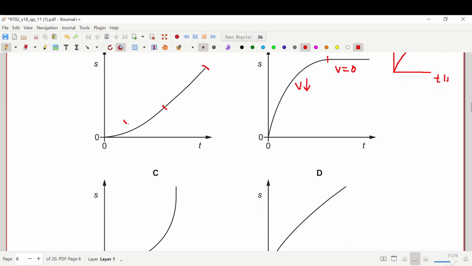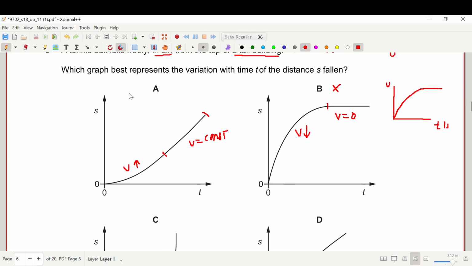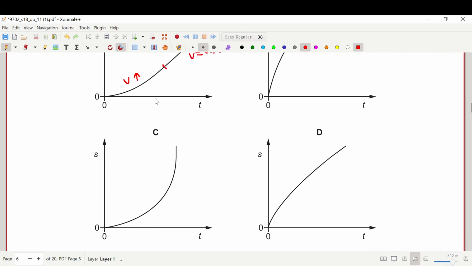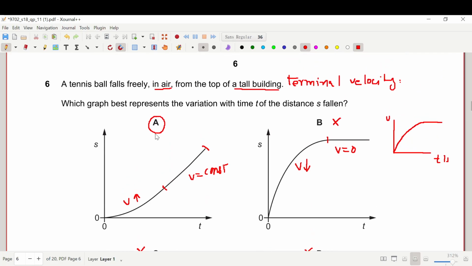This shows that velocity is increasing and this shows velocity is constant. So that is still best at the moment. Still best. Let me check more. This is velocity is increasing throughout. No chance of terminal velocity. Now velocity is decreasing. So these all are wrong. Only portion A is correct.